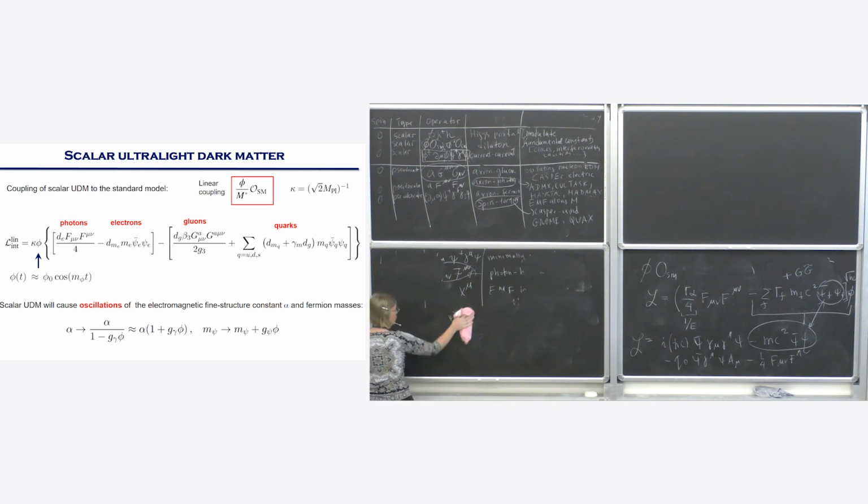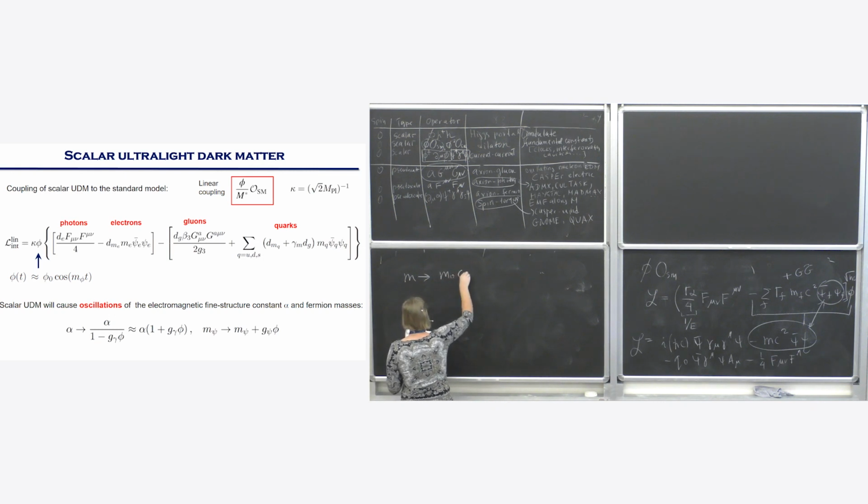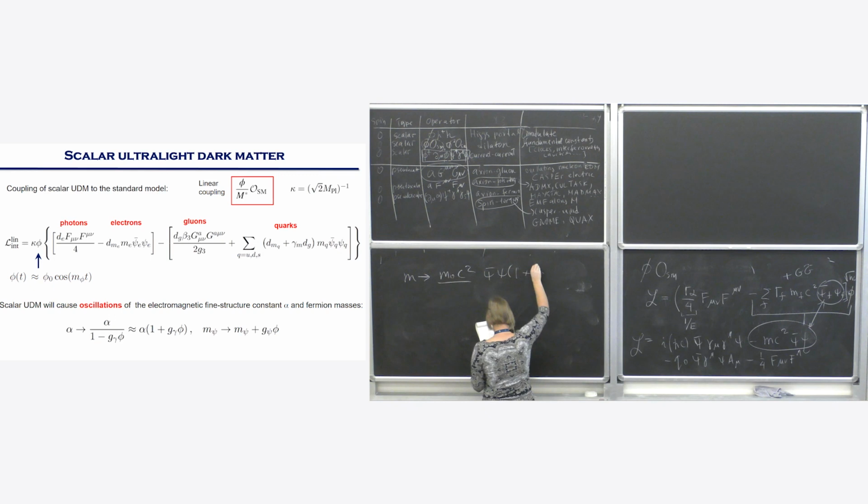So when you put those two Lagrangians together, the mass now goes to mass 0, which is what it would have been without any of the dark matter, and this is our gamma F, let's say electron, and Hc phi.